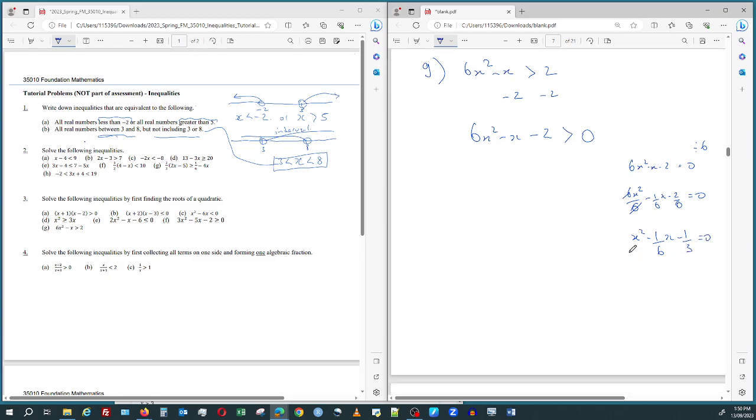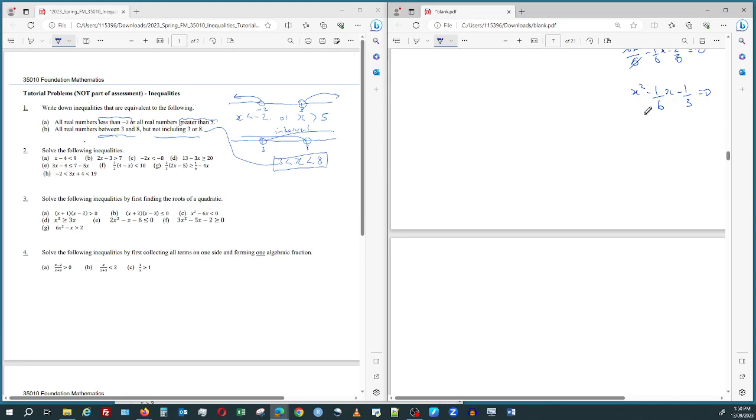Okay, now the steps are we take the coefficient of the middle term and we halve it. We take that and square it. That's the square number that goes together with those two terms.